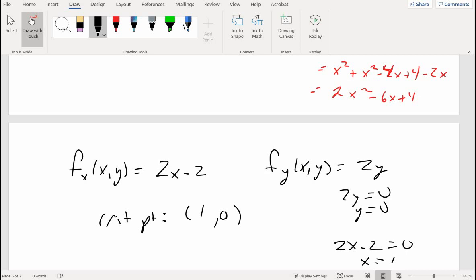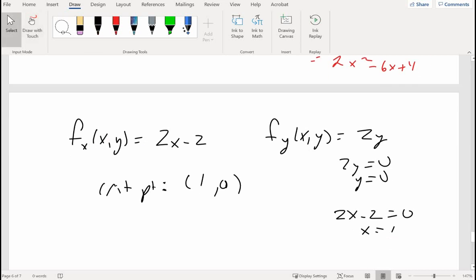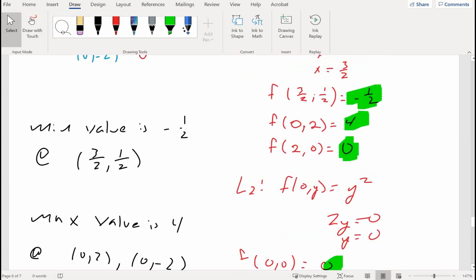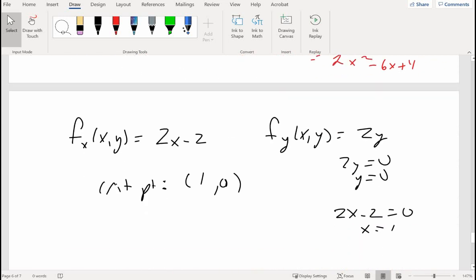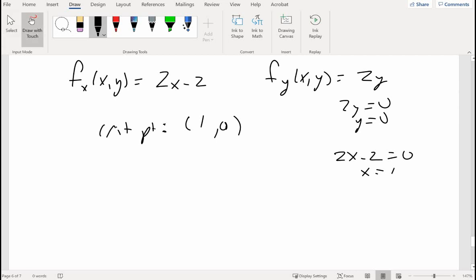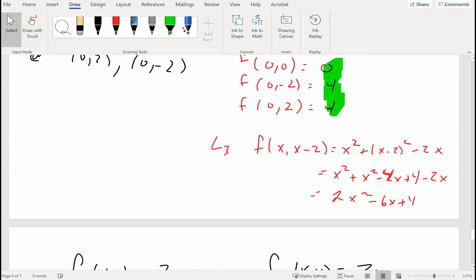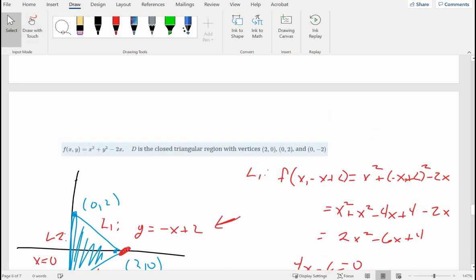So I do need to check that point in my original function, because I don't think that was any of my points back here. No. So I need to check the point (1, 0). So f(1, 0) is 1 squared plus 0 squared minus 2 times 1.